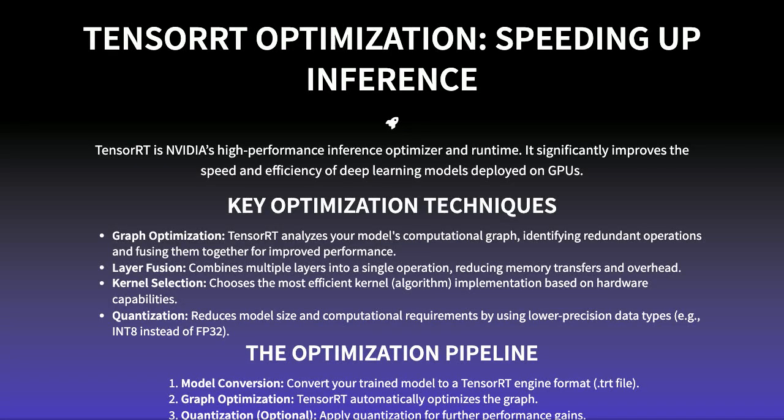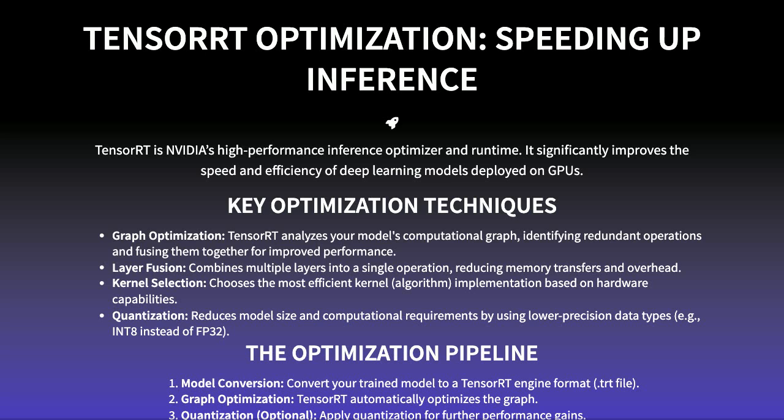Okay, let's talk about speeding up your deep learning models with TensorRT. TensorRT is like a super efficient engine for your GPU. It takes the model you've trained and really tunes it to run faster on NVIDIA hardware. It does this by looking at how your model works, basically figuring out which steps can be combined and made more efficient. Think of it as streamlining the whole process.